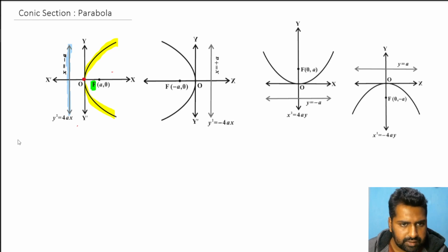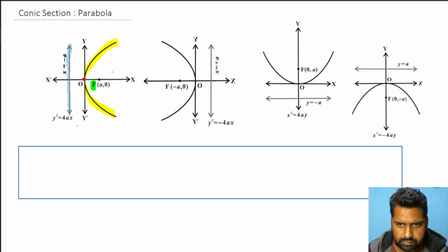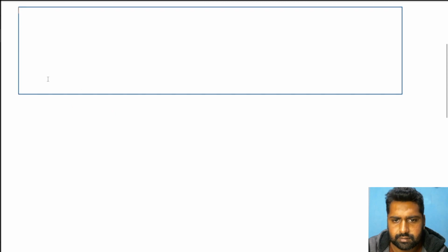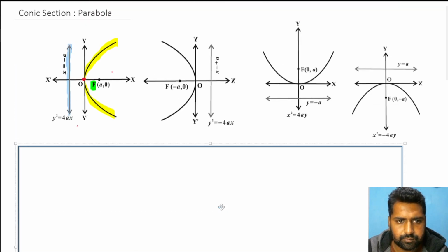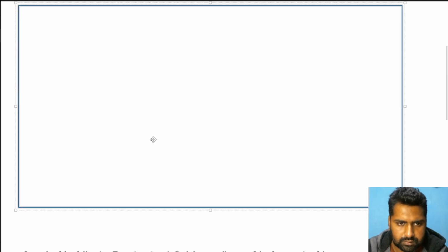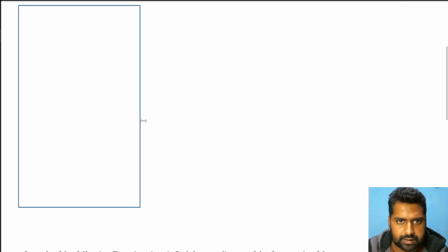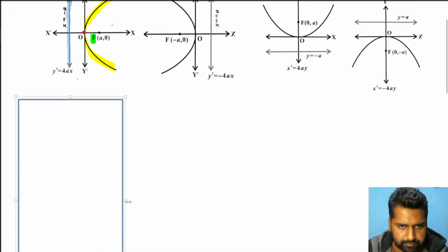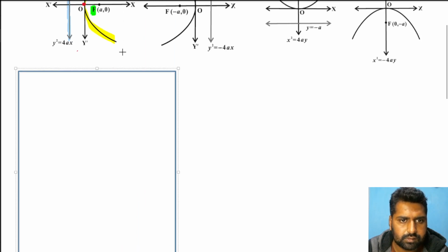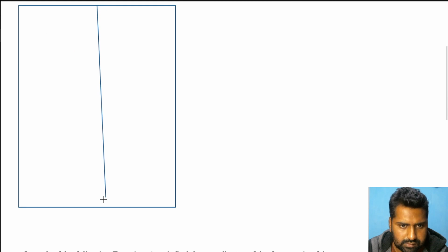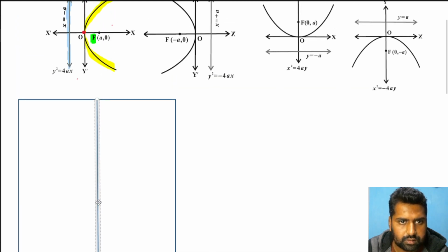So the first thing that we have to talk about, I'll have to create a table now. Let me create it like this for now.